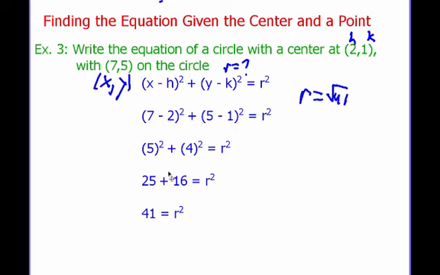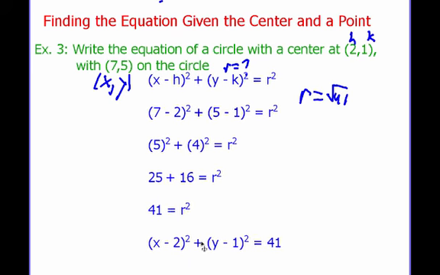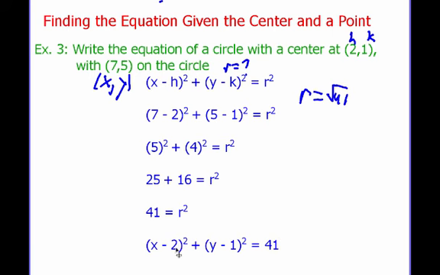So now we're going to take this 7 and 5 out because we want to have x and y in there. And our answer is just going to be x minus 2 squared plus y minus 1 squared equals 41. Because we figured out that r squared was 41, we knew from what we were given that h was 2 and k was 1.